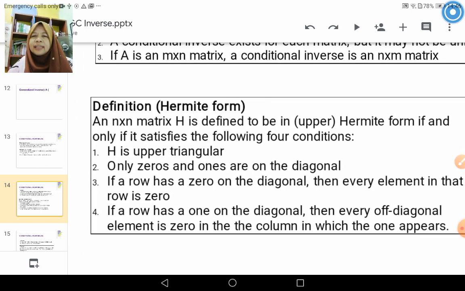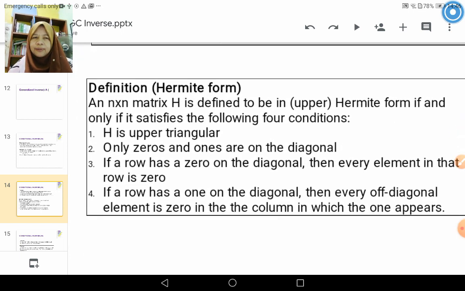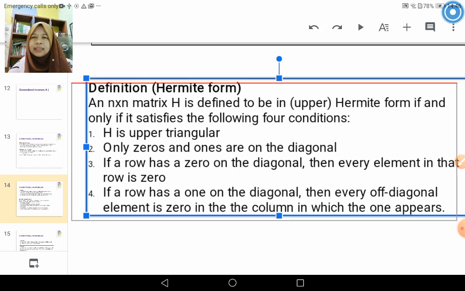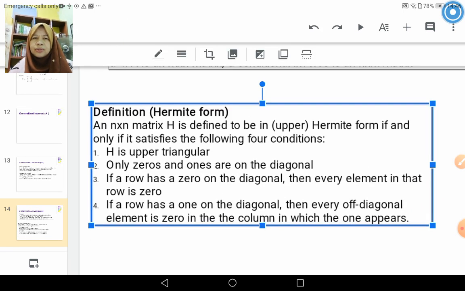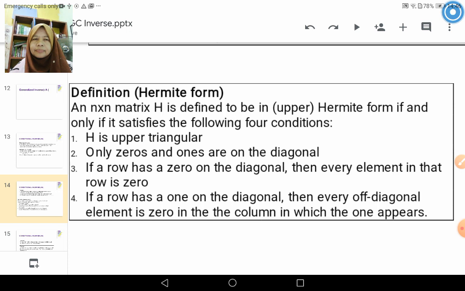Then we have the definition for Hermite form. You must know this definition so that you can solve the examples. After this, we can look at the examples.